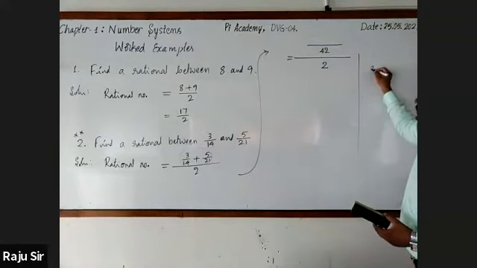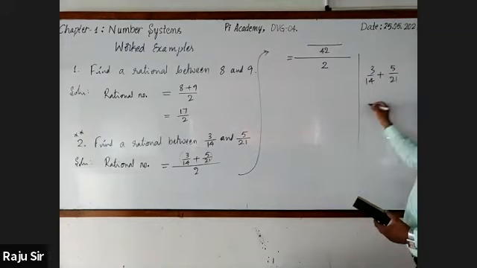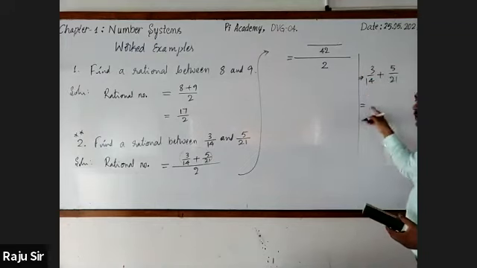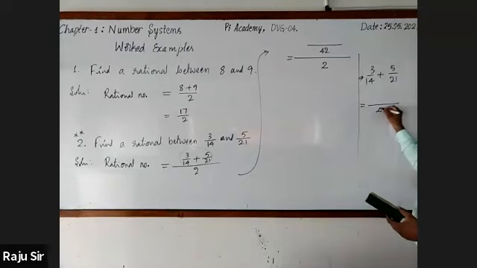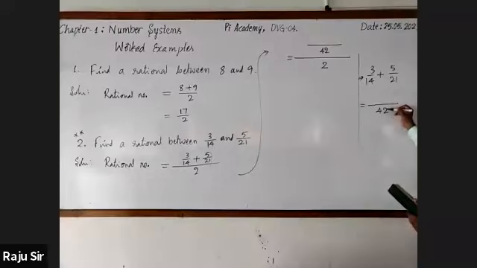Look at them. 3 by 14 plus 5 by 21. Here the LCM of 14 and 21 is 42. You know how to find it. Now multiply this 42 with the first term: 3 by 14 into 42. 14 ones are 14, threes are 42, so 3 threes are 9.